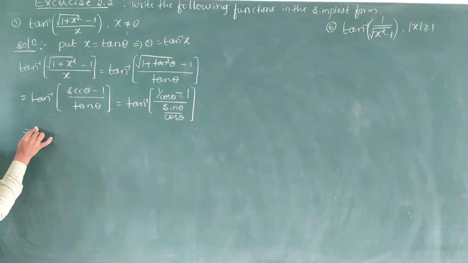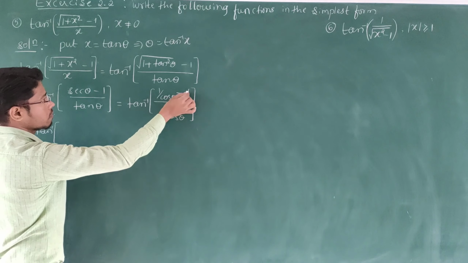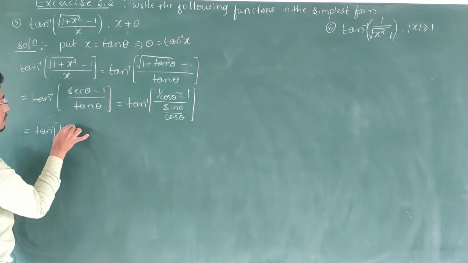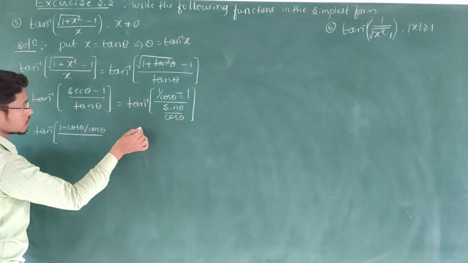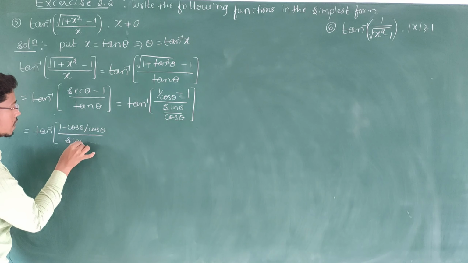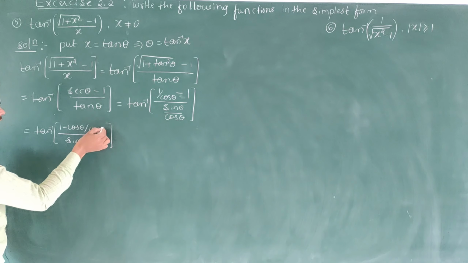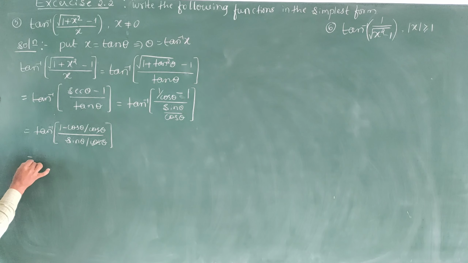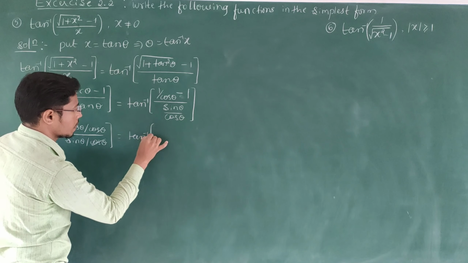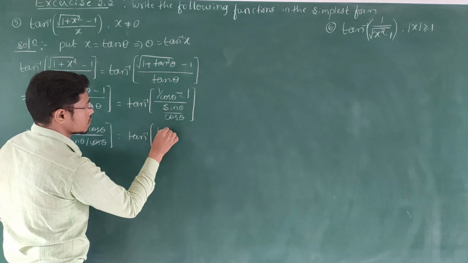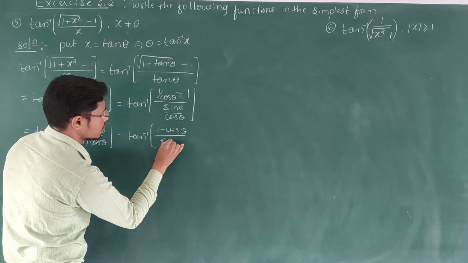This is equal to the tan inverse of LCM cos theta, it will become here 1 minus cos theta divided by cos theta, so it is sin theta divided by cos theta, those cos theta get cancelled, remaining is tan inverse of 1 minus cos theta divided by sin theta.